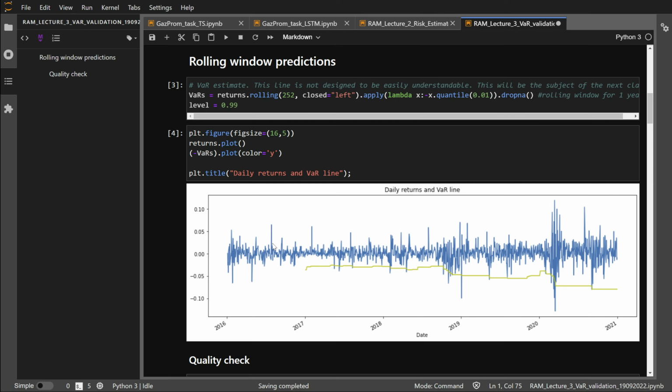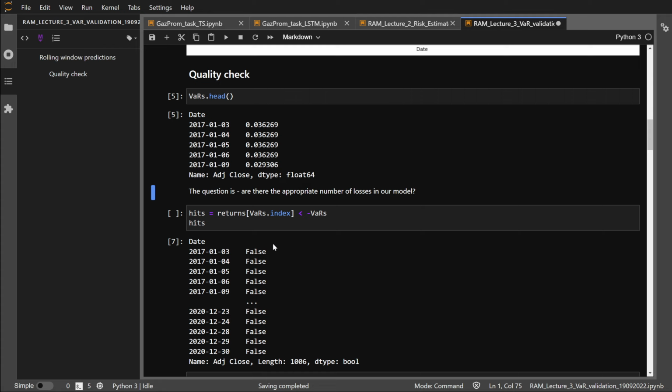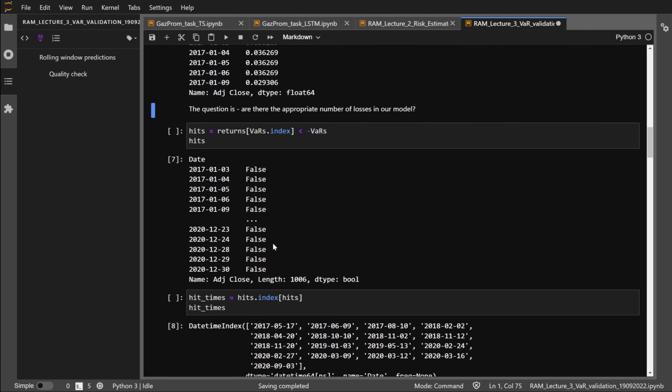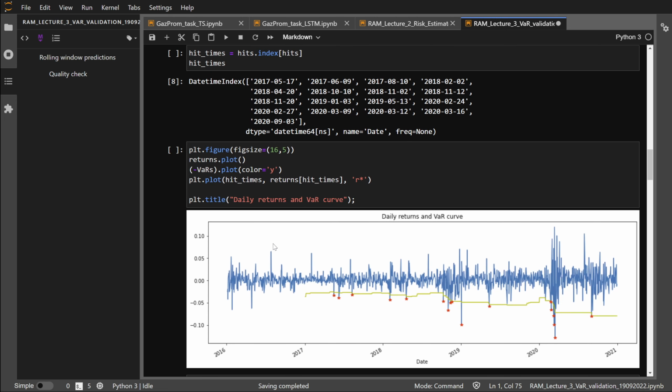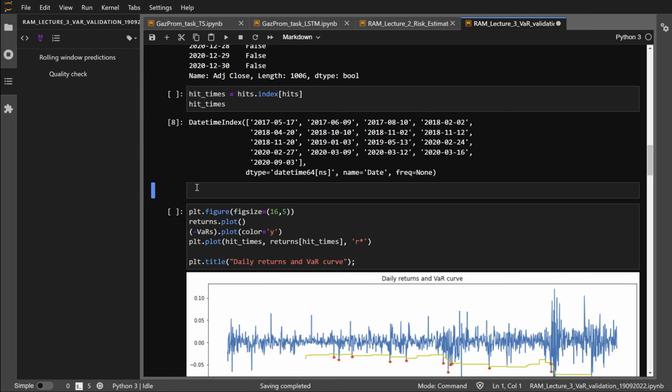We know that they can occur, and that's okay. But now let's put a formal framework to answer the question: are the number of those days in line and consistent with the probability of value at risk being hit?